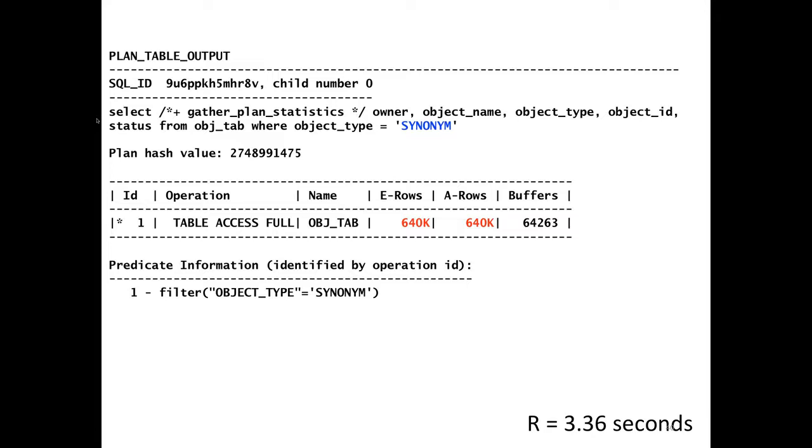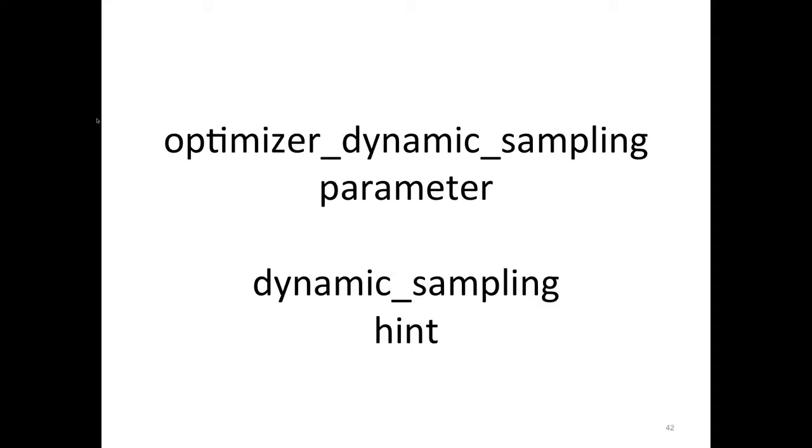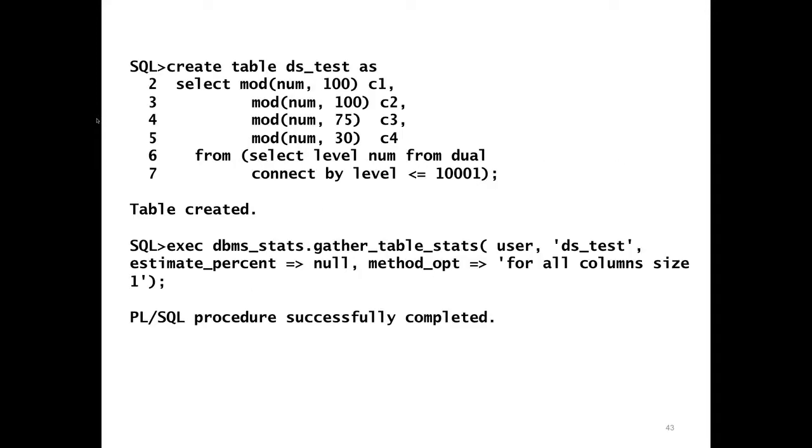With it, it can. Now, another thing that I wanted to point out to you is something called dynamic sampling. Dynamic sampling can be implemented through an instance level parameter or a hint that can go into your SQL. Let's start out by creating a table to use for this particular test.